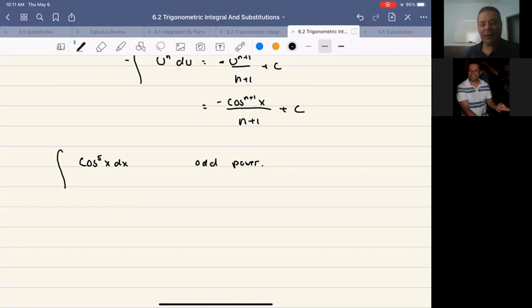Okay, and why? Because we're going to break off one of them. So we're going to write this as cosine to the fourth of x times cosine x dx, and then cosine to the fourth, well, that's cosine squared squared.